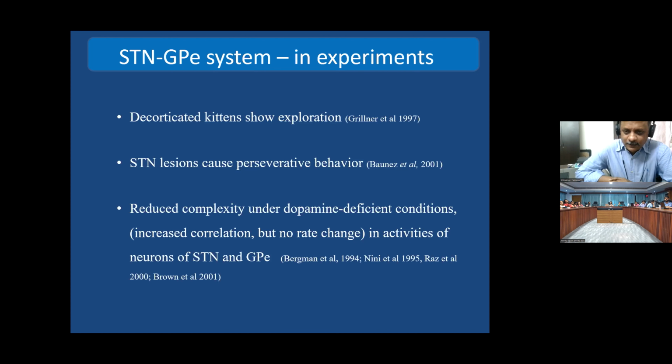Then STN lesions cause what is called perseverative behavior. Perseverative behavior means that you keep on doing the same thing even though it is not giving you a reward. In fact, there's an interesting quotation from Einstein. I don't have the quote, but he defines insanity as doing the same thing over and over again, although you know that it doesn't work or it's giving you negative results.